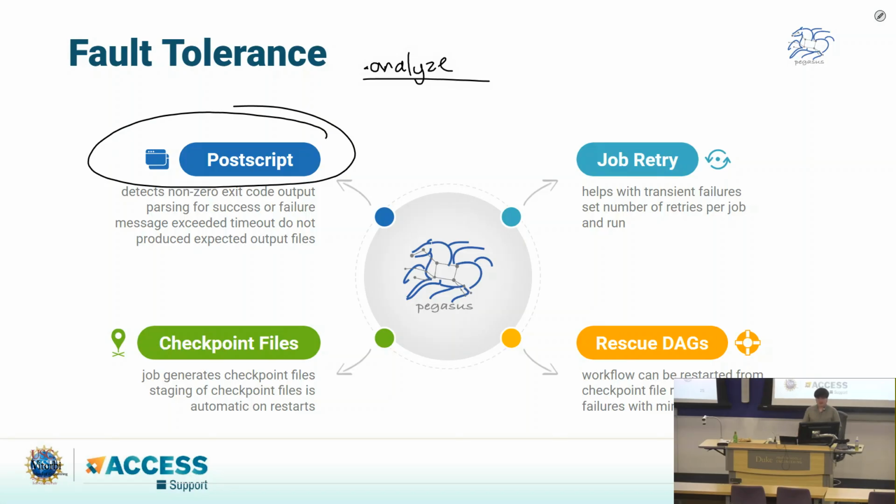So PostScript, it'll detect any non-zero exit codes, and it'll parse for success or failure messages exceeding timeout. So that means if I'm running a program and I'm stuck in a really, really long loop. Now, I'm not saying a loop from one node to another, because remember we said these are directed acyclic graphs, so there would be a cycle if we had a for loop.